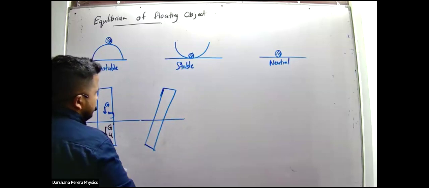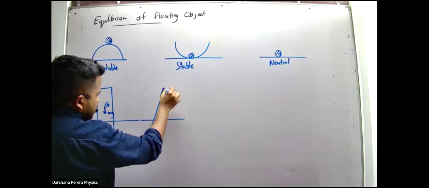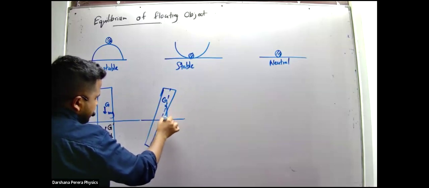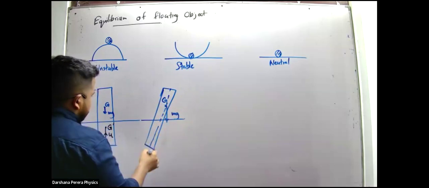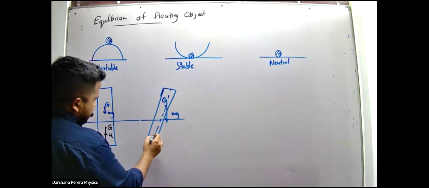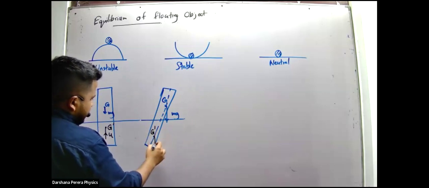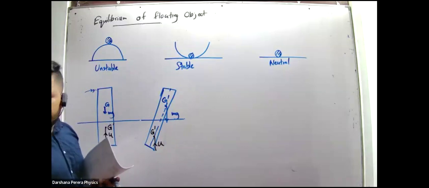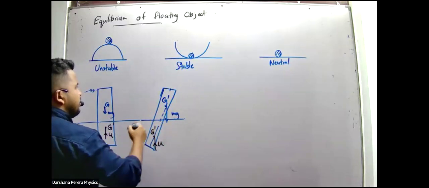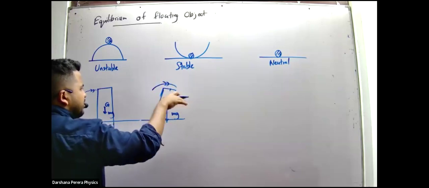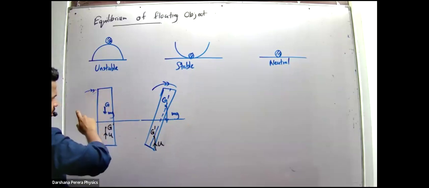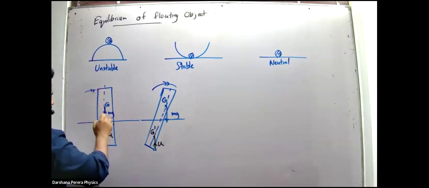The center of gravity is like this, then G dash, the center of buoyancy. From that, the upthrust acts like this. There is a couple because mg and U act as a force couple. Therefore, it bends in the direction in which we give the small displacement.